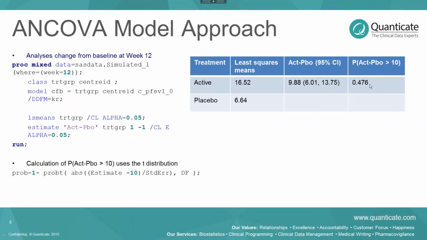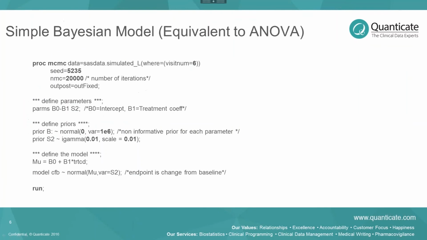And we wanted to get the LS means out, and you can see the results. So the active was way higher than placebo with a difference of 9.88. And if you remember that probability we were interested in, which is calculated here, so the probability of this treatment difference being more than 10 was just less than half.